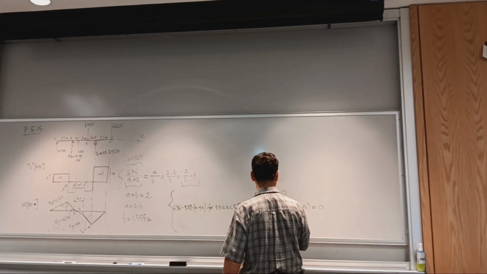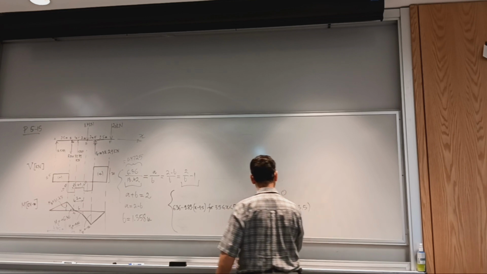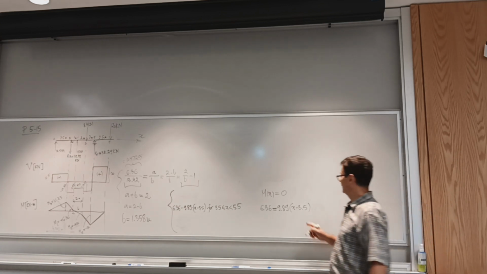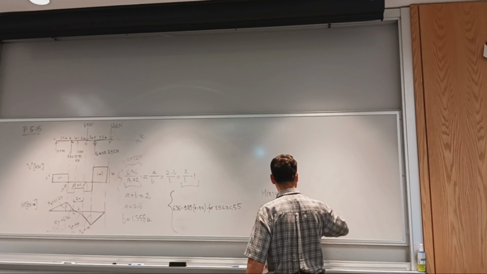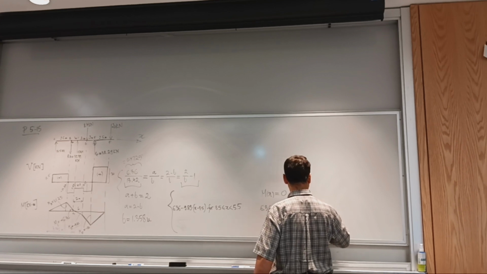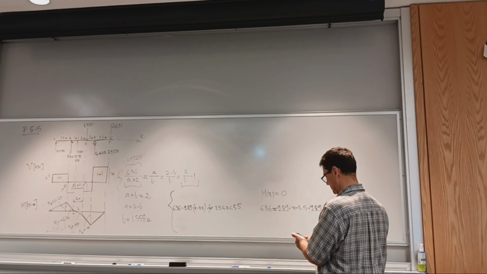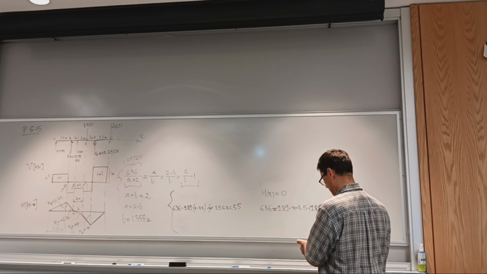So let's see. I can erase this, put the equal sign here, and solve for x. So it will be 6.36 plus 3.5 times 9.89, over 9.89, equals.